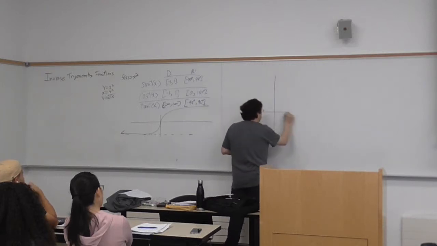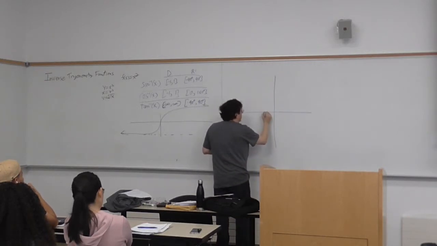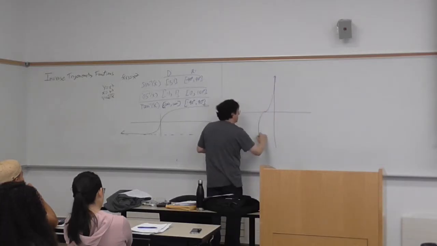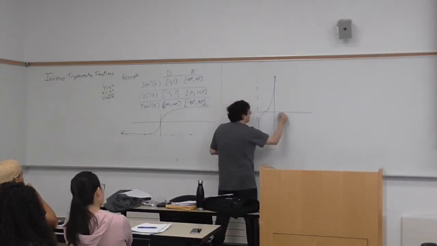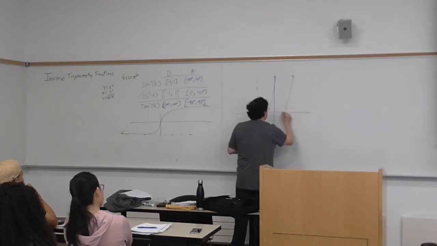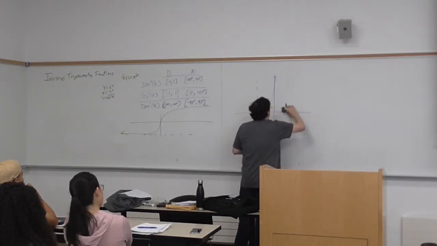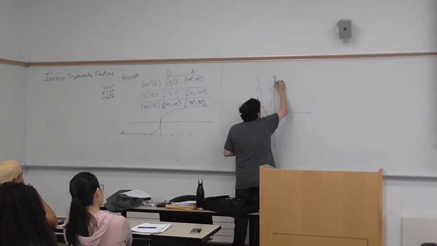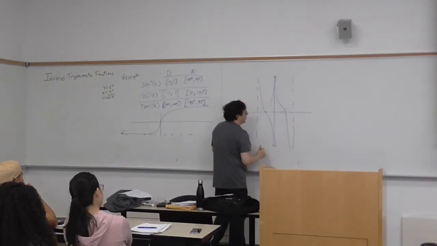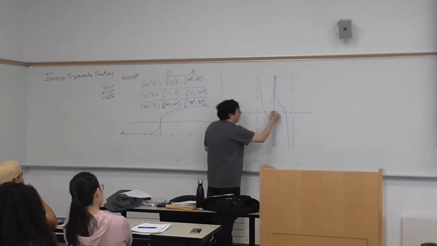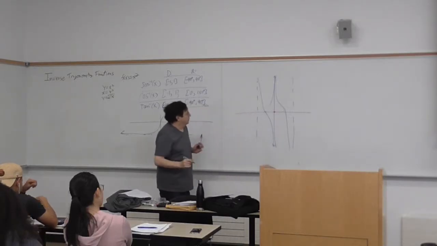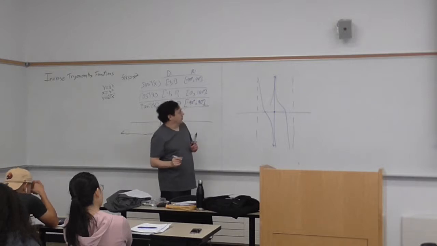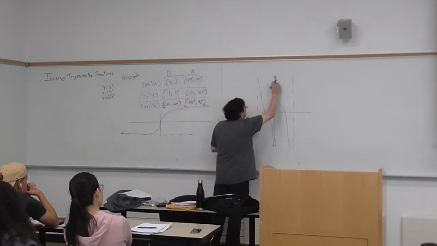So the cotangent function kind of looks like the tangent function, superficially, except it kind of goes in the reverse direction. And it's moved over, right? It's not defined at 0 because the sine of 0 is 0. So it's an asymptote at the axis.